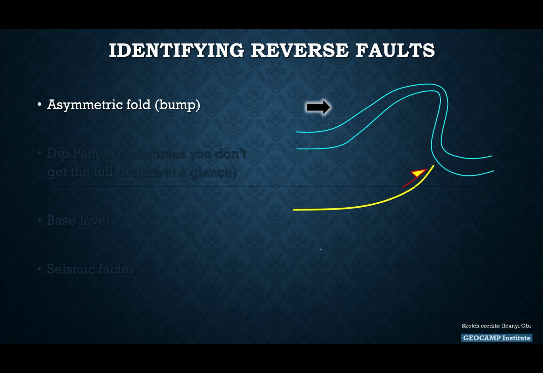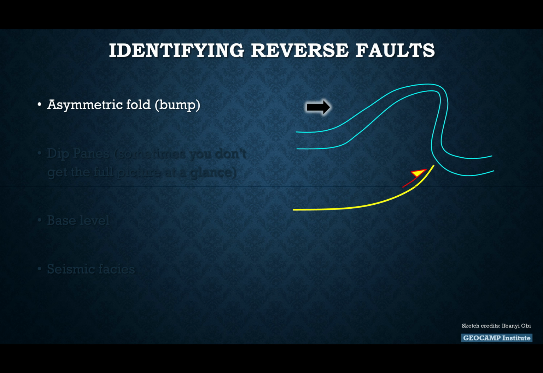So if I see an anticline that is asymmetrical to the left or to the right, this tells me that there is some push coming from the left, right? And if the reverse is the case, where I see some asymmetry to the left, that tells me again that the direction of movement is from the right to the left.